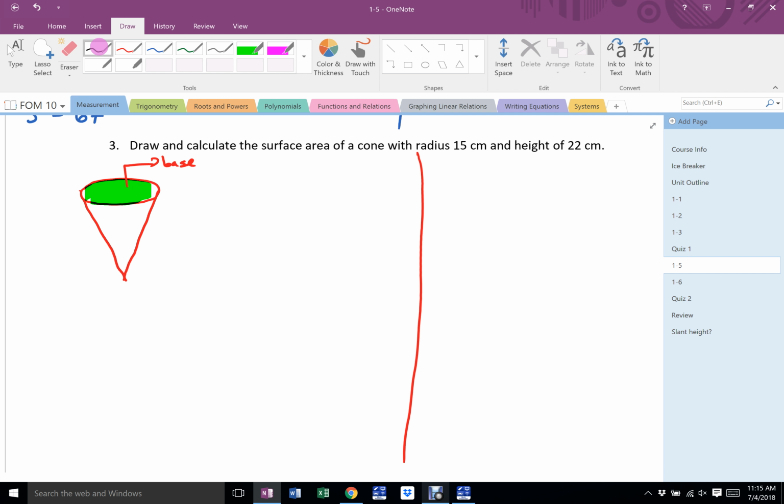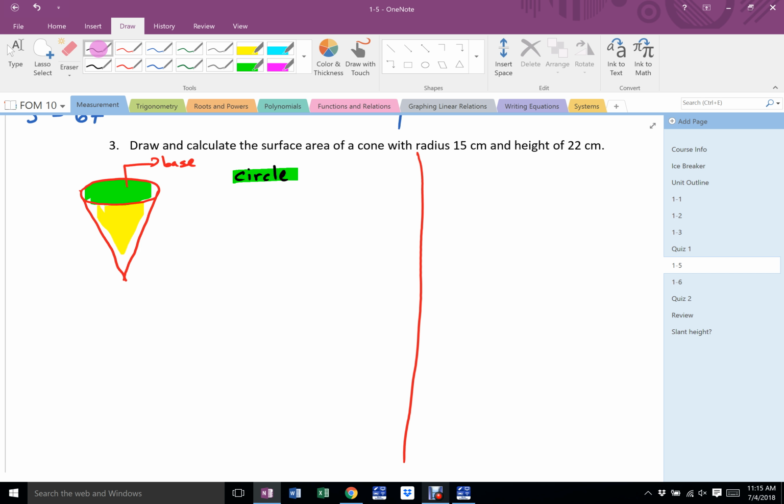What shape is it? It's a circle. And then this is also part of the outside. And that yellow part, the green part, is a circle. And the yellow part starts as a circle, doesn't it? Because it has to go all the way around this circle. Then it ends at a point, right?